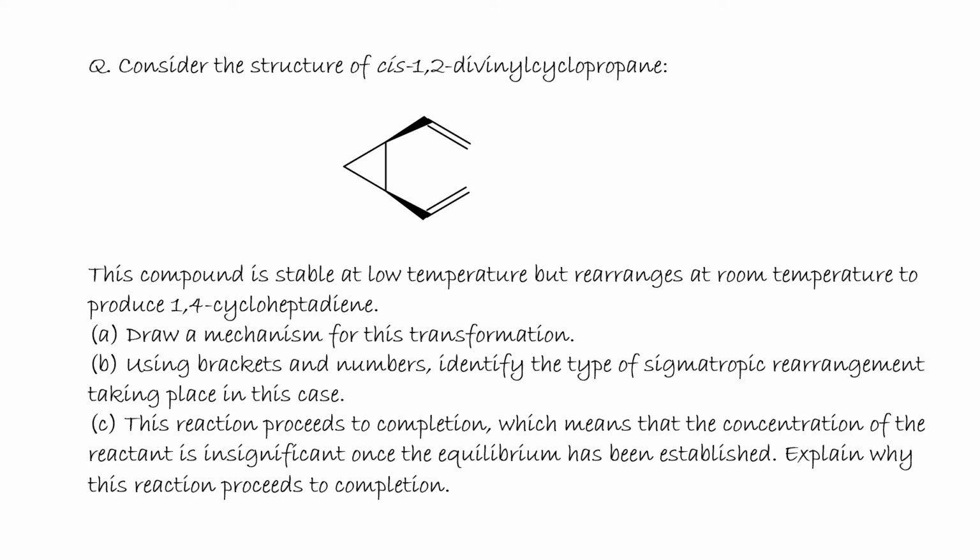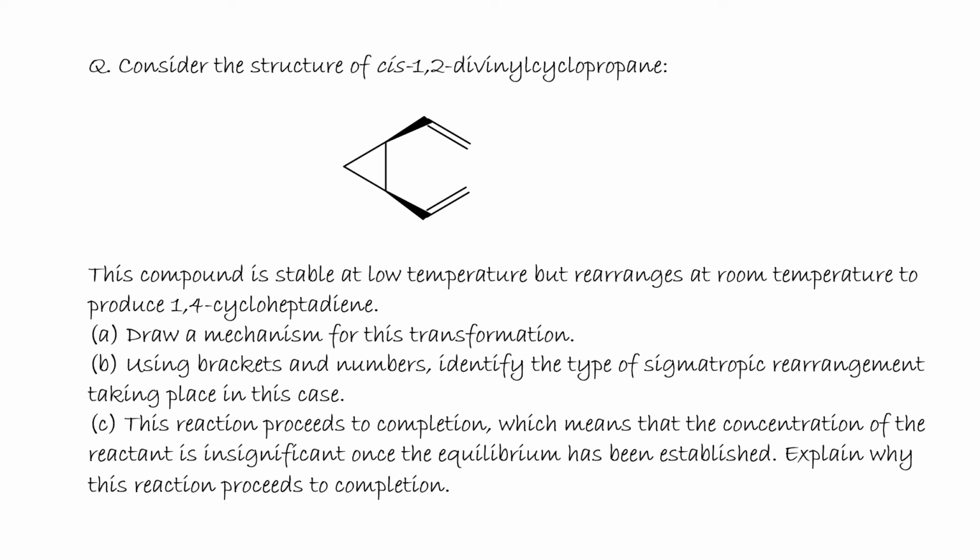Consider the structure of cis-1,2-divinylcyclopropane. This compound is stable at low temperature, but rearranges at room temperature to produce 1,4-cycloheptadiene. Draw a mechanism for this transformation.